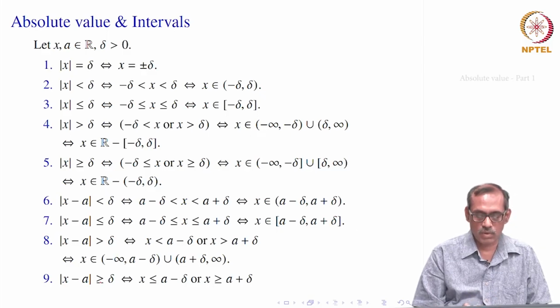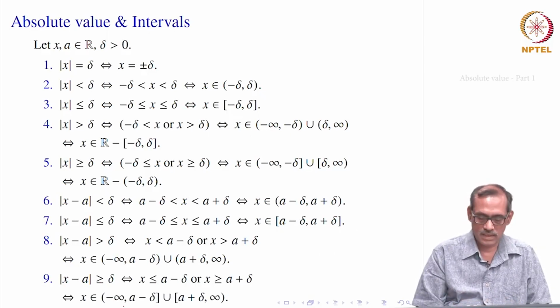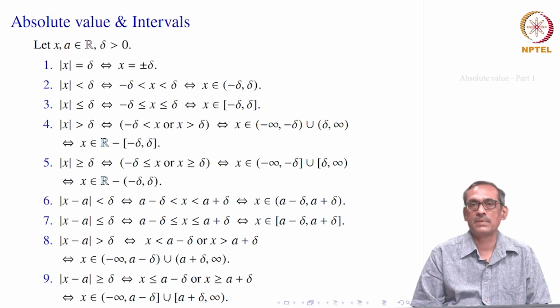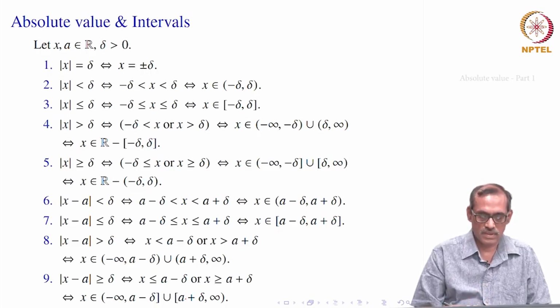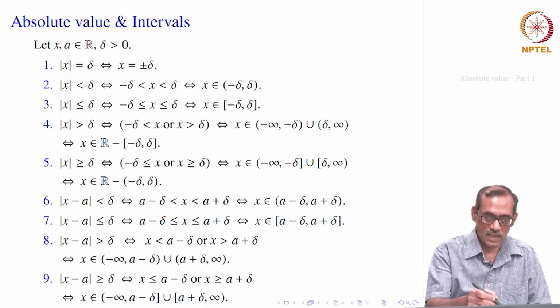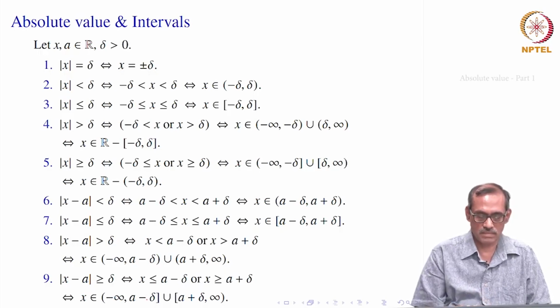And if it is greater than or equal to delta, then the point delta will be included and we will get the semi-open intervals. x must be in minus infinity to a minus delta, where a minus delta is included, and on the other side also a plus delta can be included. So, these are various ways of interpreting the absolute value with inequalities.